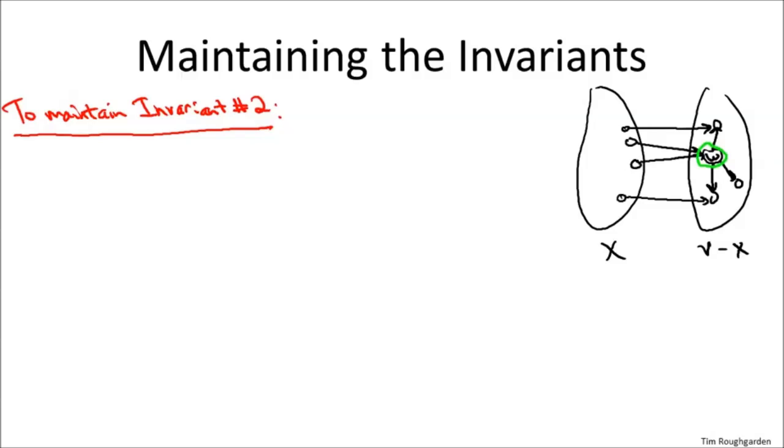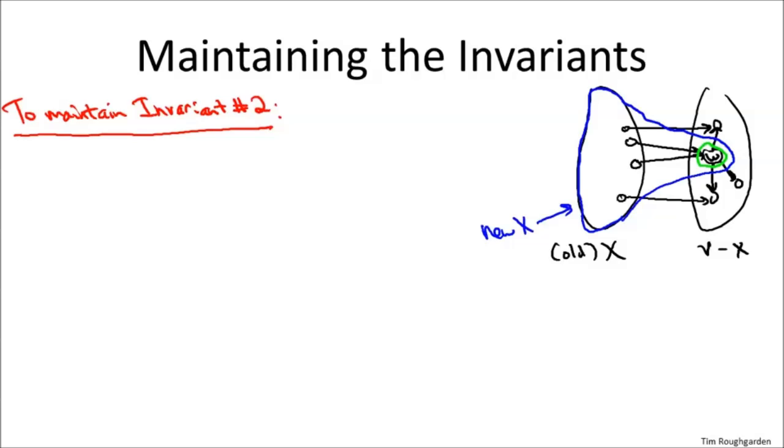Now, the reason things get complicated is when we move a vertex from outside X to inside X, the frontier between X and V minus X changes. So in this picture, the old black X becomes this new blue X. And what's really interesting about the frontier changing is that then the edges which cross the frontier change.